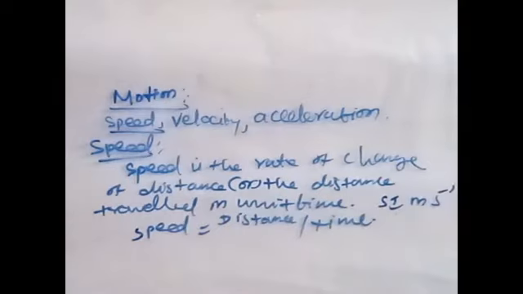This is the speed concept. So once again, speed is the rate of change of distance, or the distance traveled in a particular time period, and speed is equal to distance divided by time taken, and the SI unit is m s^-1.